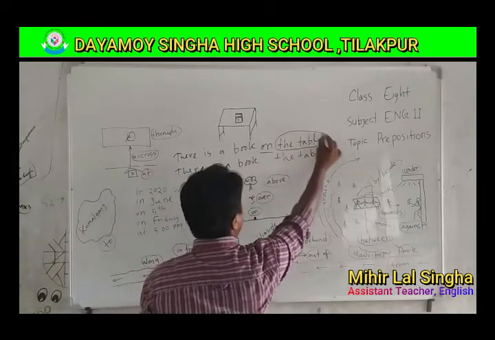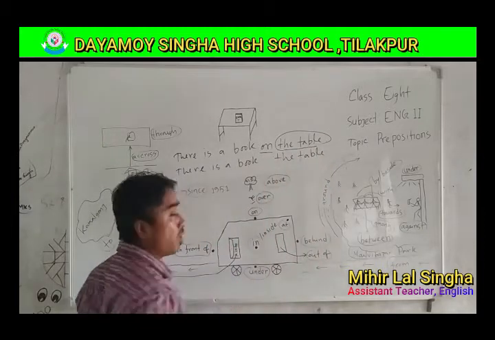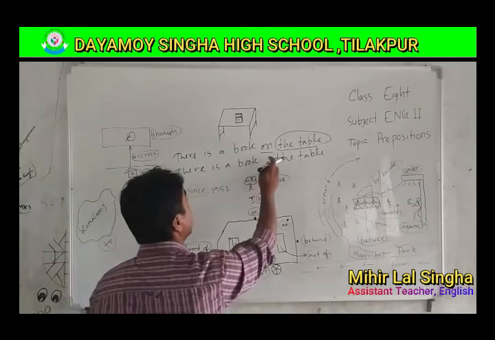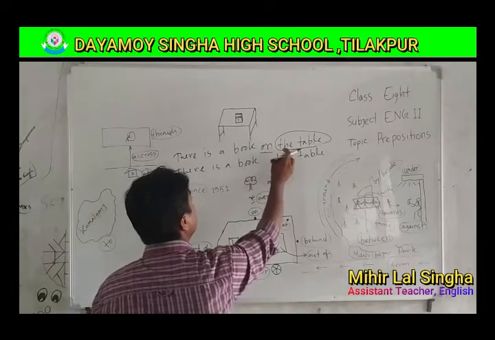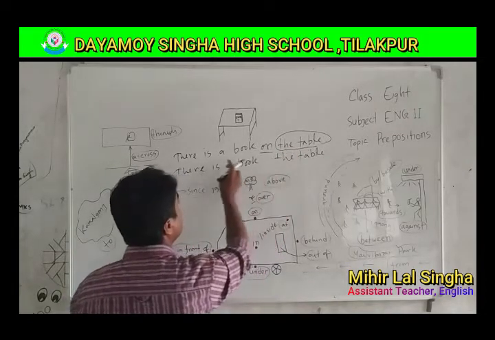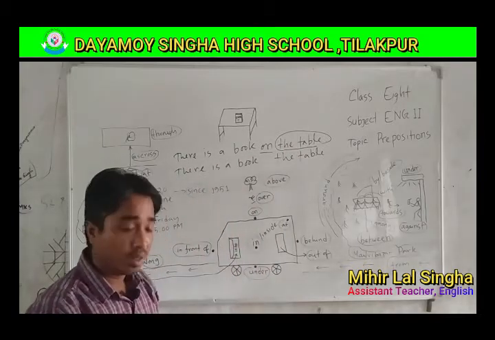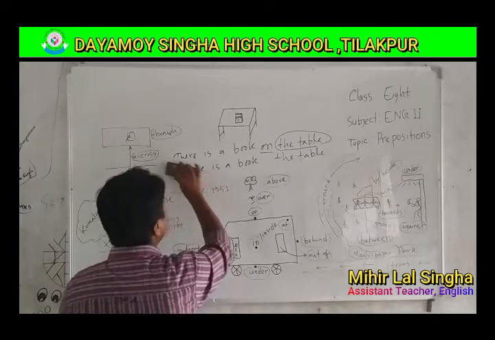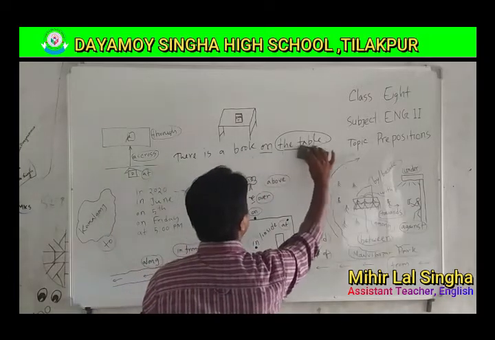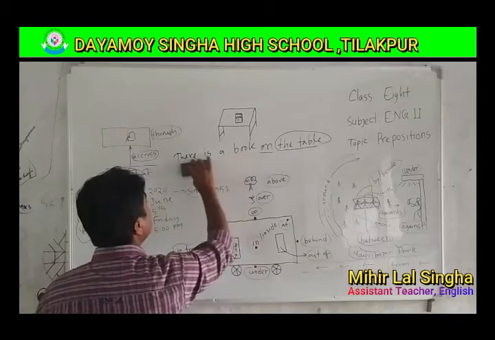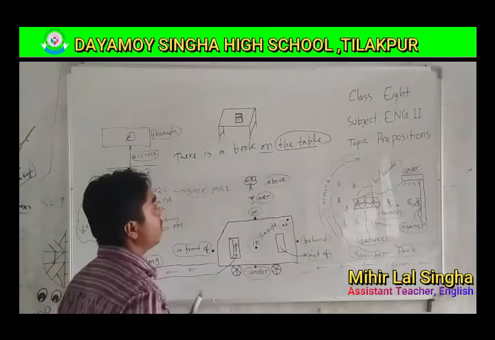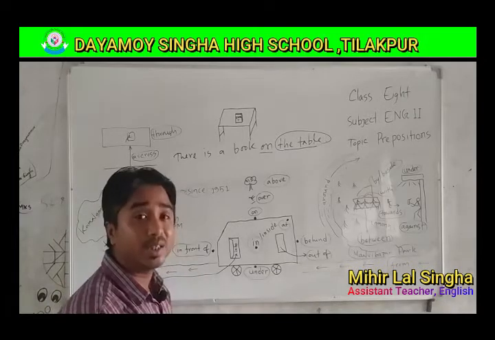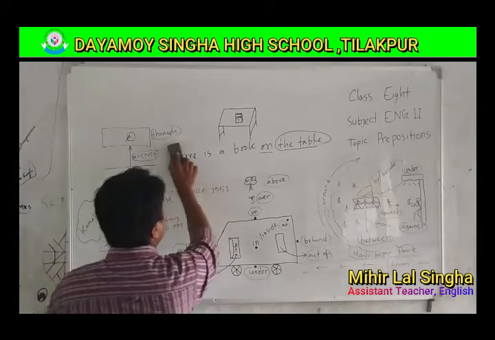The table is a noun, so it sits in front of a noun or a pronoun and creates a relation between that noun or pronoun and the rest of the sentence. So the function of a preposition is to create a relationship between a noun or pronoun and the rest of the words in a sentence.